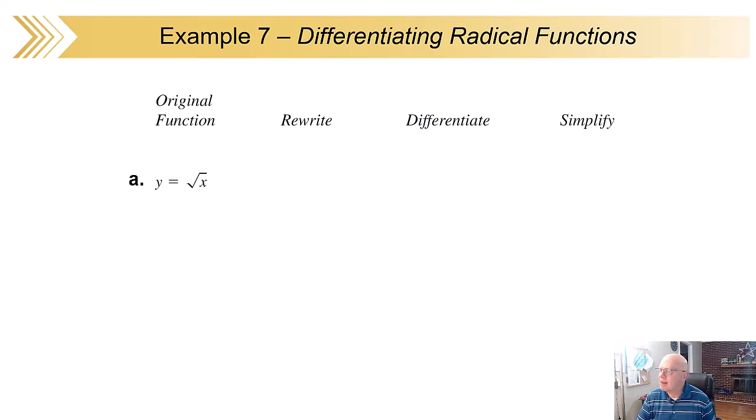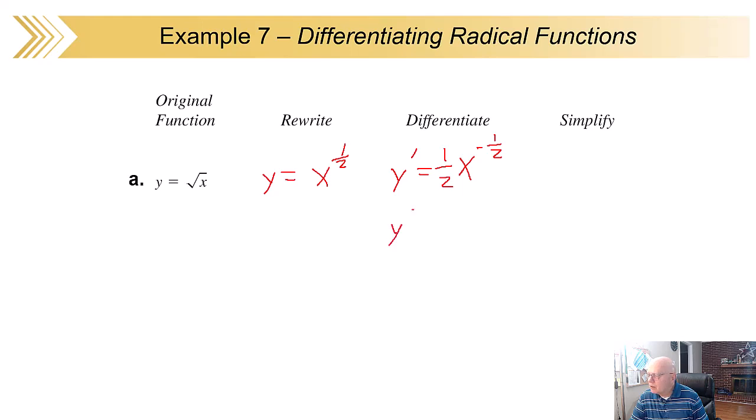All right, let's see how this works. First of all, rewrite this friend of ours, x to the 1/2. Now differentiate. Y prime, bring the 1/2 out front. X to what power? Remember, it's 1/2 minus 1, or minus 2 over 2. So you have minus 1/2. Okay, that's not the way you're supposed to write it, is it?